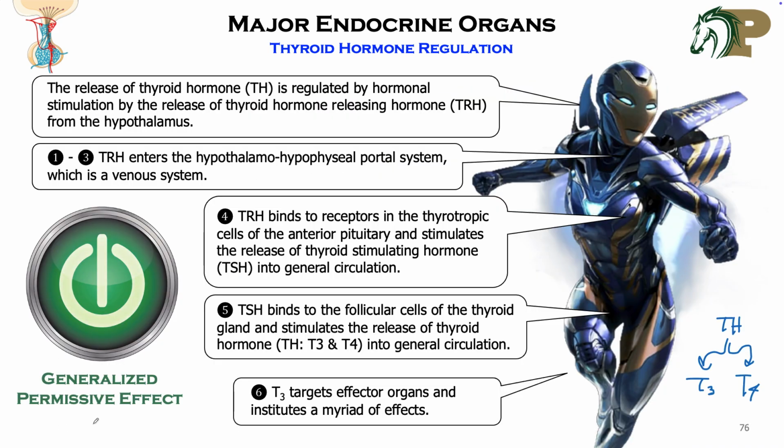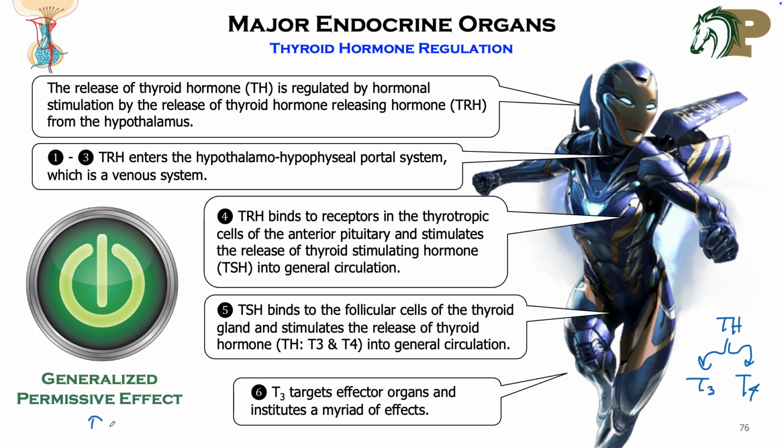I included this image over here because thyroid hormone is what we call permissive in general, meaning that it is going to allow a host of different things to take place in the human body.